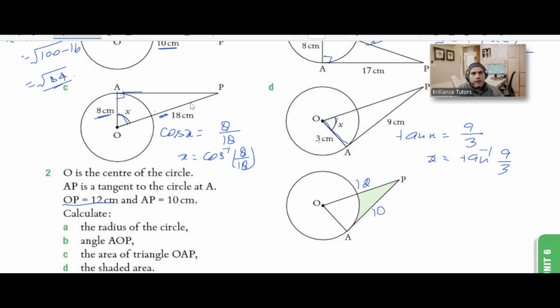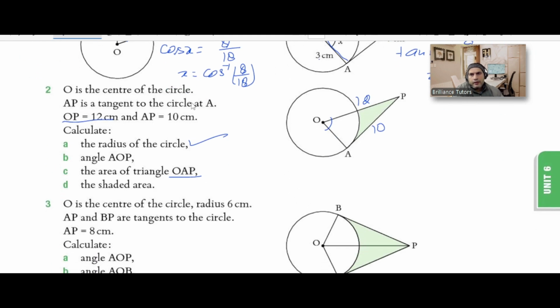So we can find OA, the radius, first. Then we find the angle AOP. And the area of the triangle OAP is half into base into height, and then we will calculate the shaded area. The shaded area is the triangle area minus the sector area. When we calculate, then we are able to find that area.